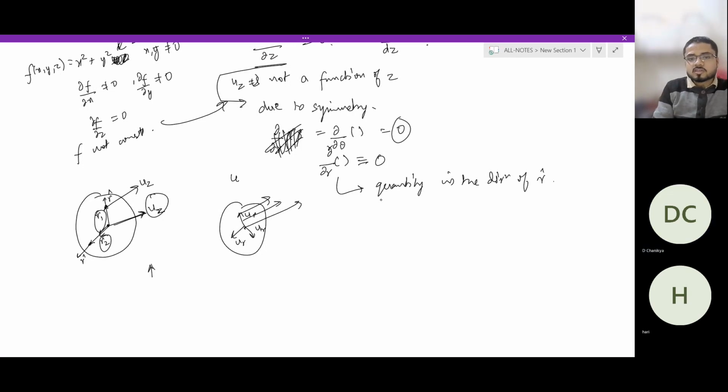Since uz is in the z direction, del by del r of uz may not be 0. Is that fine? So it may not be 0, but it could also be 0. We don't know. We'll have to calculate it, right?